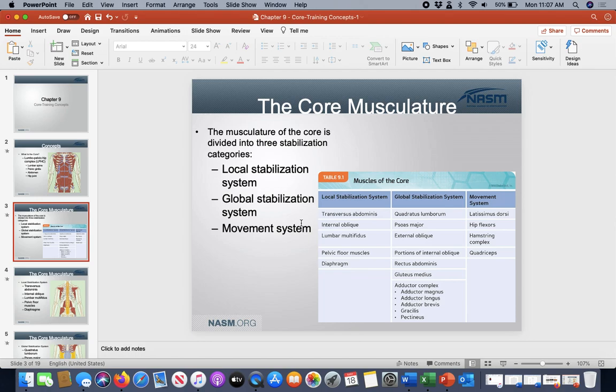And then lastly, the movement system, which is really about how all of those specific muscles, the lats, the hip flexors, the hamstrings, and the quads, basically attach to the hip, the pelvis, and the spine, to help it to move, or move limbs in particular. Okay, we're talking obviously about arms and legs.